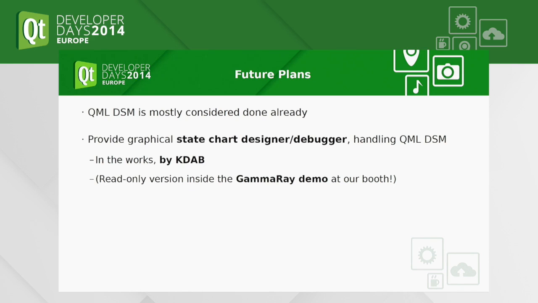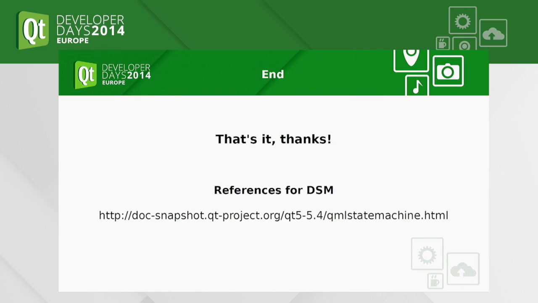The plans we have, mostly speaking with my KDAB hat on, is to provide a graphical state machine designer and debugger handling QML DSM. This is already in the works. We are working on it. And the read-only version, you can see that in the GammaRay demo at our booth. That's basically the debugger part of that thing we're developing. Okay, that's it already.